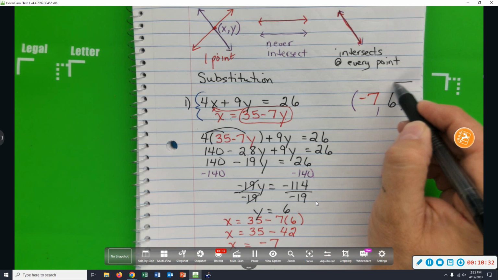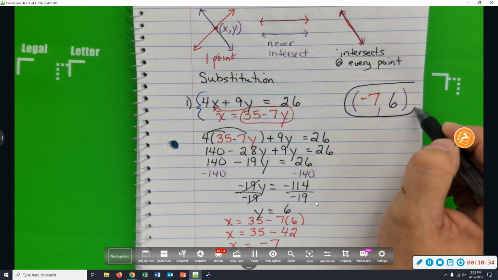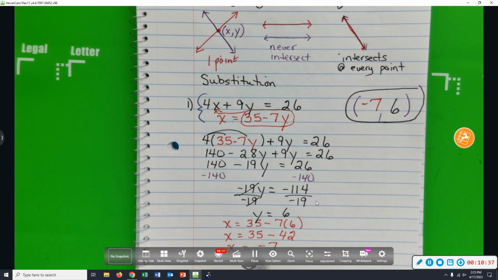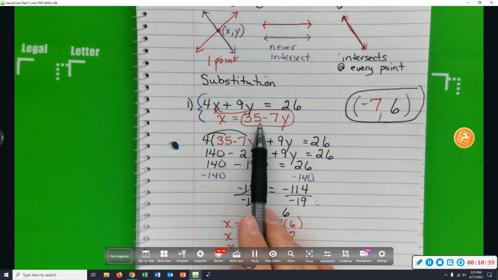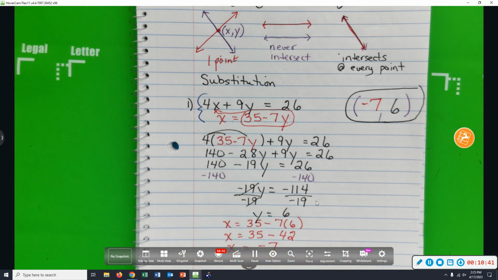So, and this is called substitution. You're substituting one variable expression into the other equation.